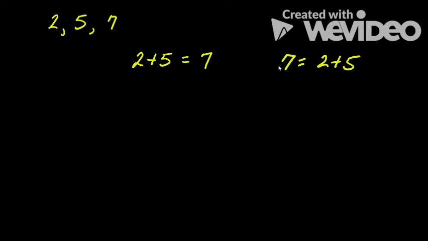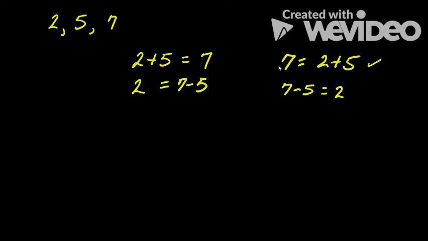Maybe, maybe not. But you could say that 2 equals 7 subtract 5. And maybe if you had been writing your equations like this, you may have written 7 minus 5 equals 2.